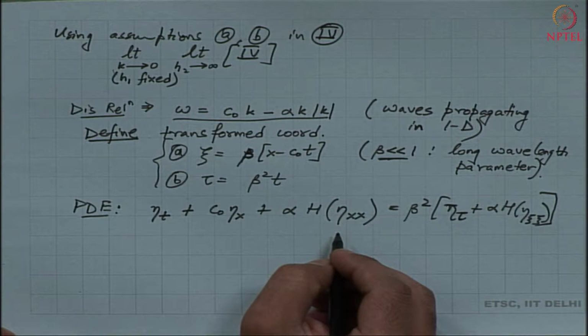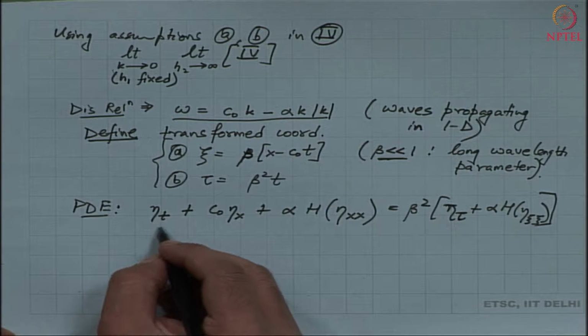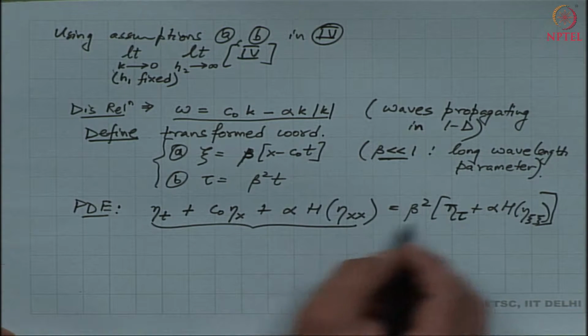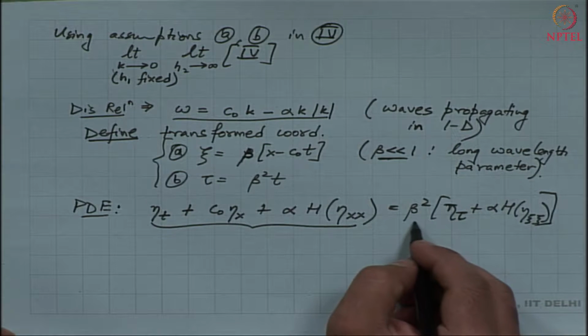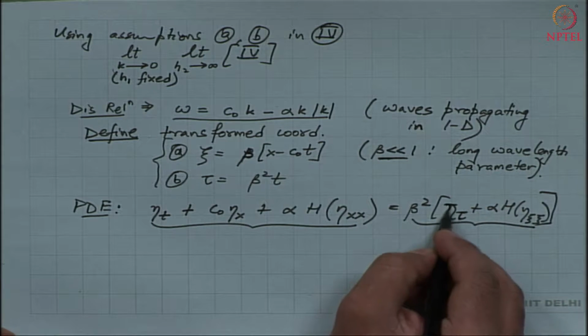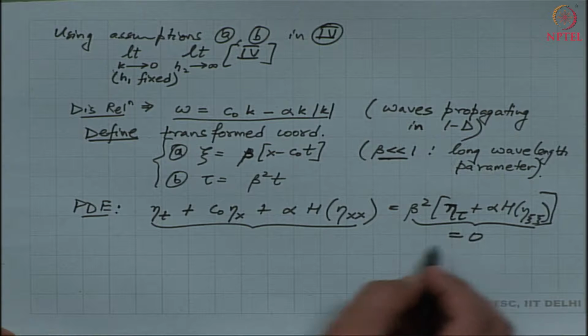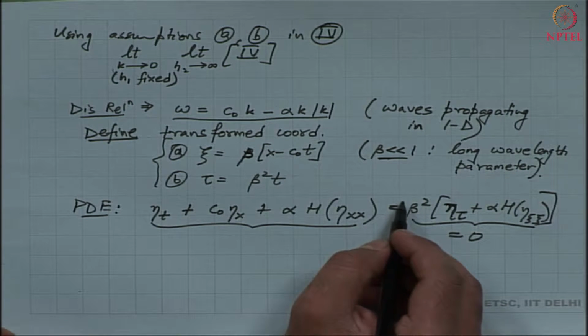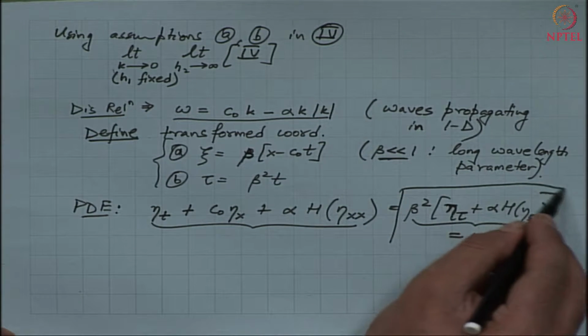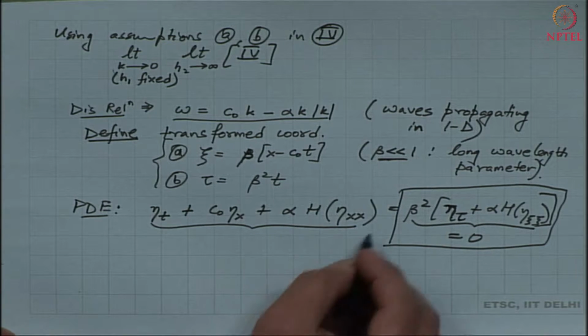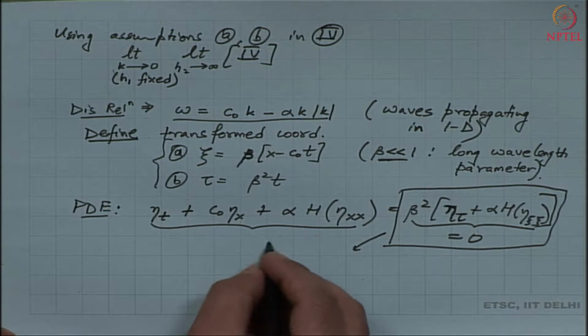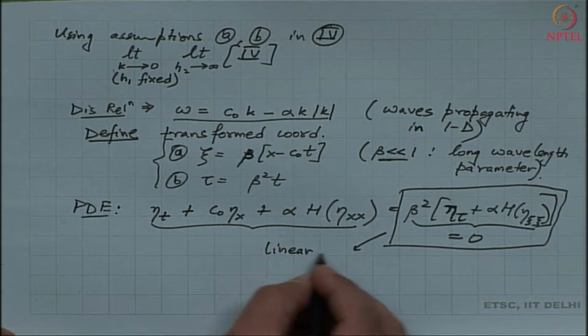Okay. So after changing this expression using my transformed variable, I get to this particular expression, and this is set equal to 0. If I look at this particular equation in the transformed plane, this is the celebrated linear Benjamin-Ono equation.